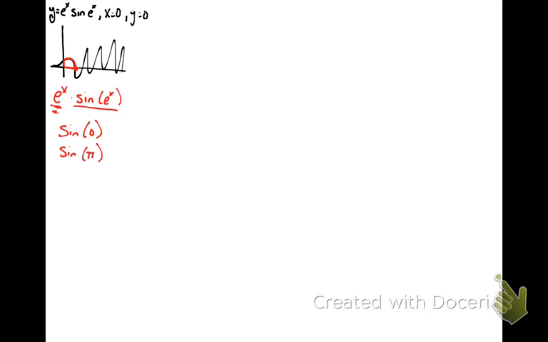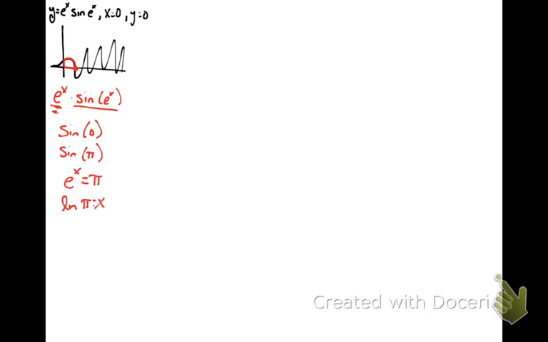So we'll reach our point of intersection when e to the x equals pi. And this is strange to solve for, but we could solve it by hand by just converting back to log form. This is the same thing as the natural log of pi equals x.